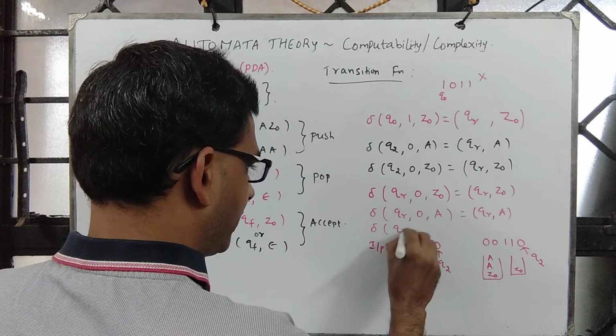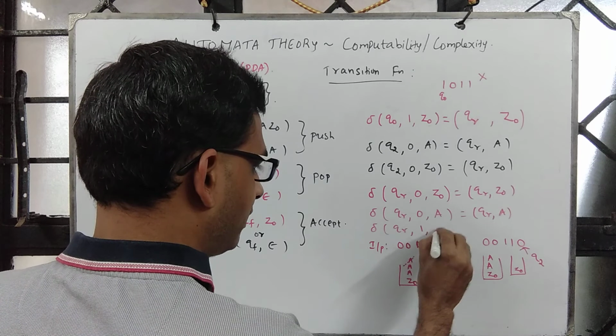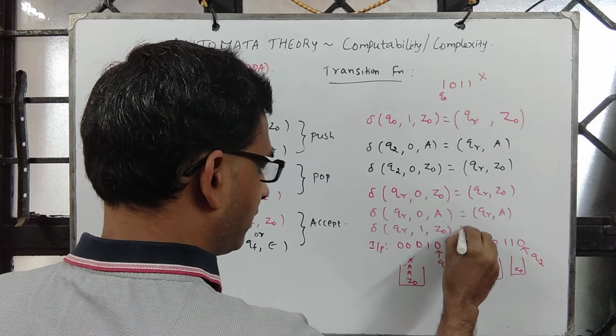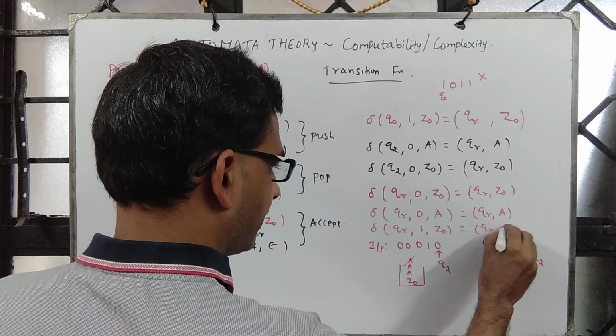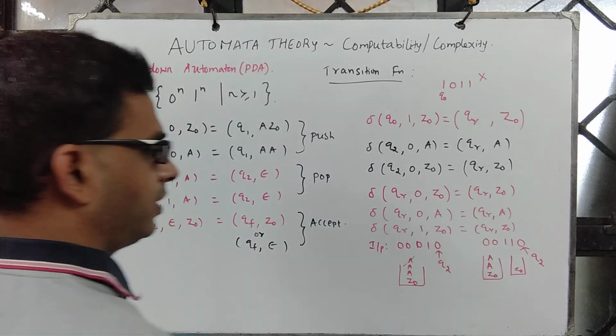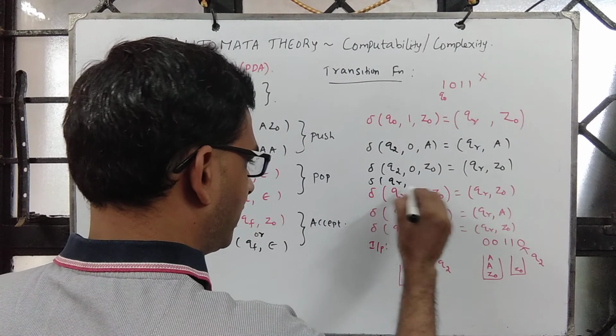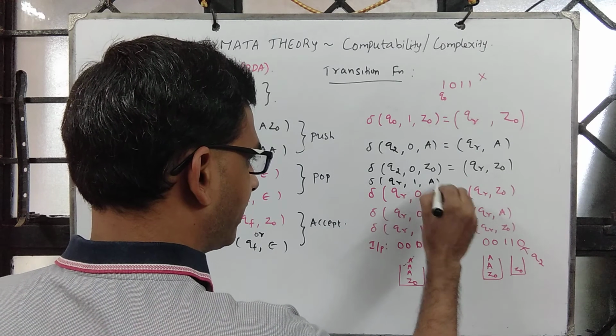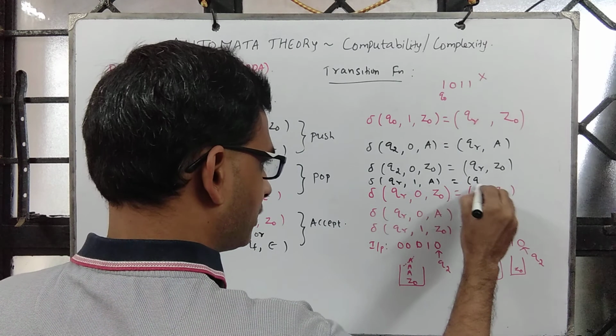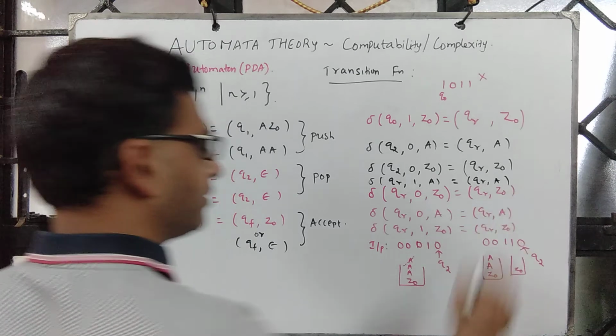Or you are at QR, you read 1, the top symbol is Z0, it has to be rejected. And delta of QR, comma 1, comma A, again this has to be rejected.